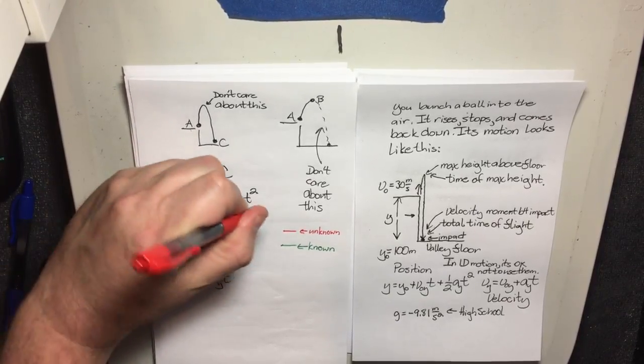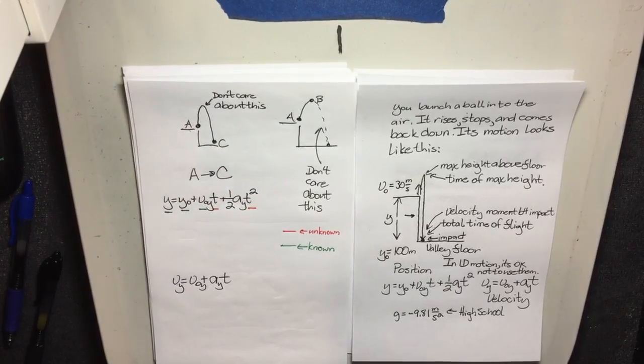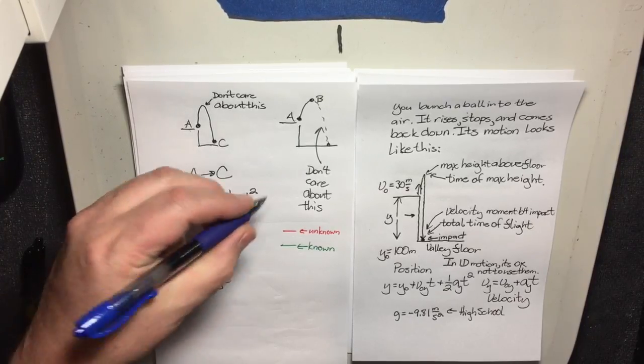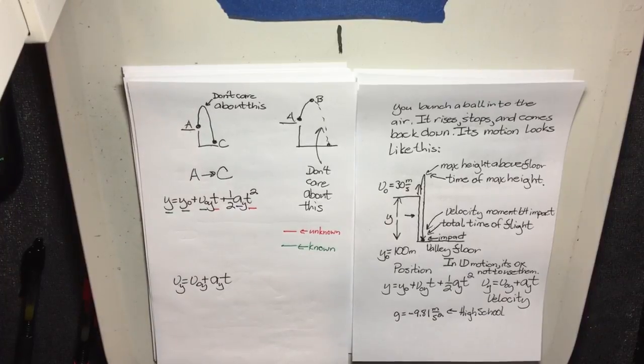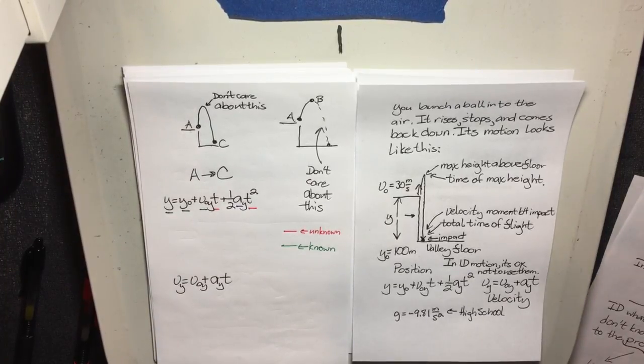So marked in red. Do I know what the acceleration of this thing is in the vertical? We're on the planet Earth. It's got to be -10 because down is negative and up is positive.